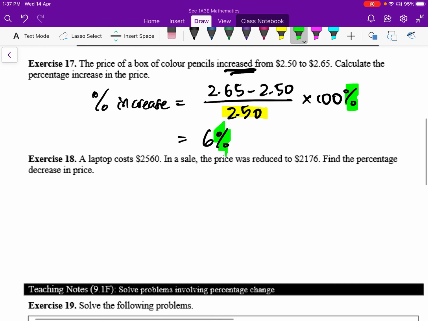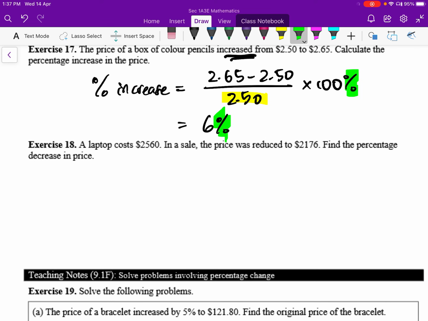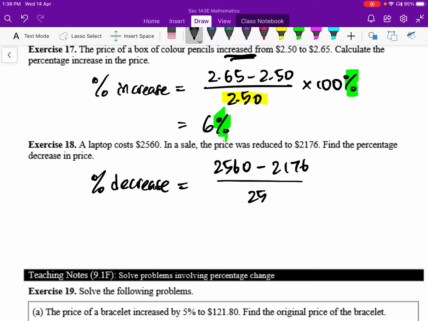Exercise 18. Original 25.60. Reduce. Find the percentage decrease. Okay, percentage decrease. So what's the decrease? 25.60 minus 21.76 out of original 25.60.